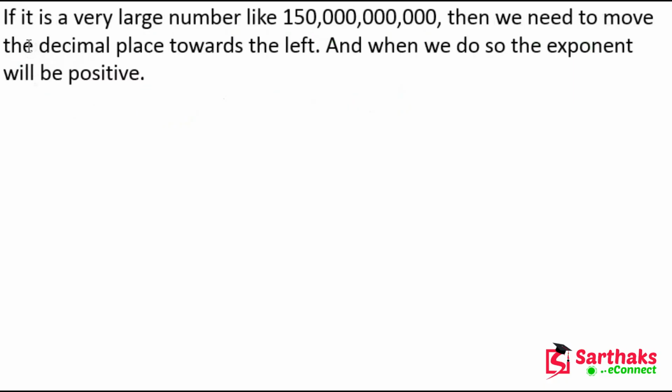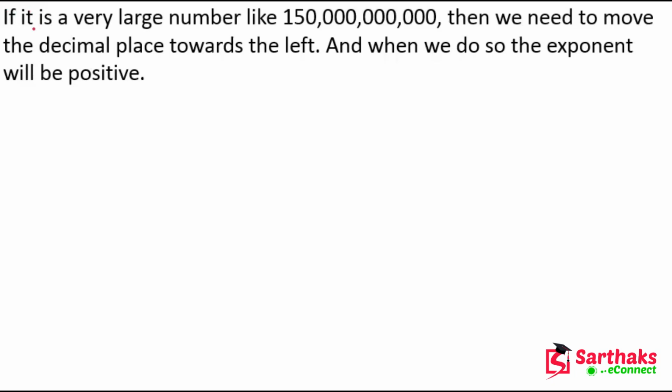So we know that very large or very small numbers can be represented in standard form with the help of exponents. Now let's see the method to convert into standard form.